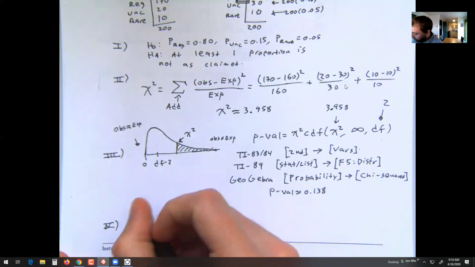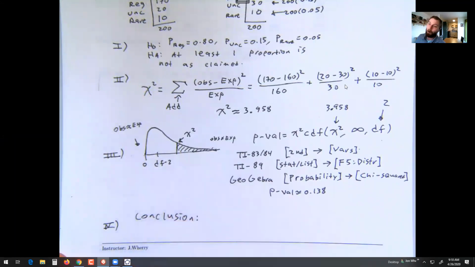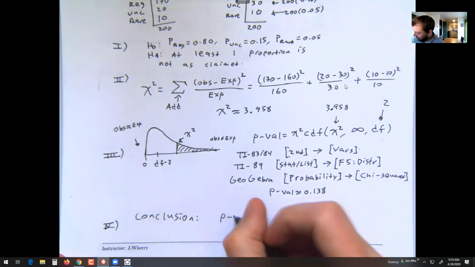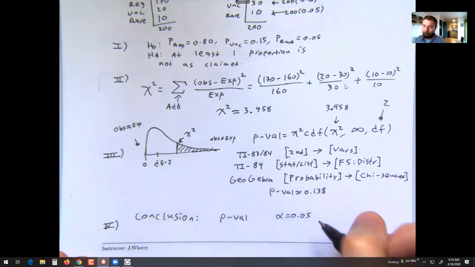In your conclusion, the fourth step of the hypothesis test, because chi-squared goodness of fit is always a hypothesis test: if your p-value is low, the null must go. If you reject the null hypothesis, you have evidence that at least one proportion is not as claimed.